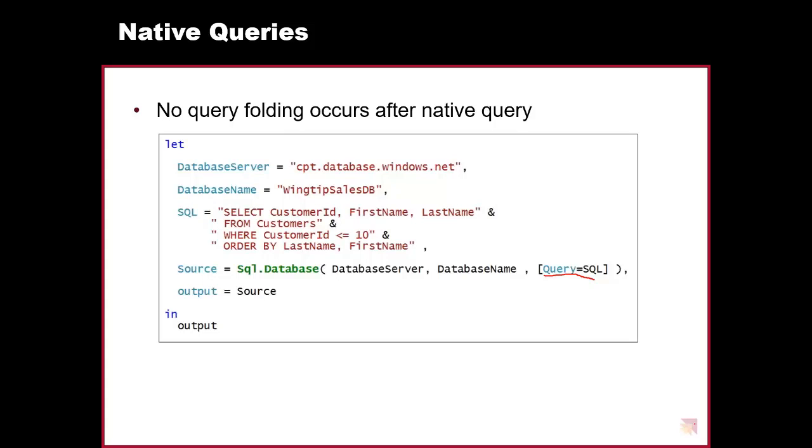But conversely, when you do a native query, you're able to put your direct SQL statement in, with your where clause and order by, so you should get the equivalent if you need to use native queries for any reason. Just make sure that you're not bringing back 10,000 rows of data just to filter down to 1,200. Make sure that the where clause gets sent to the back end.